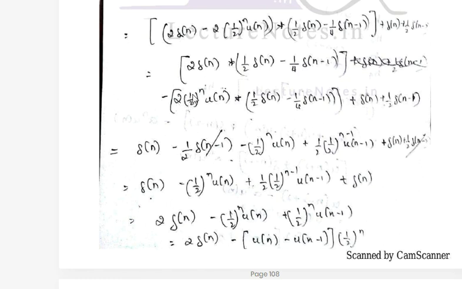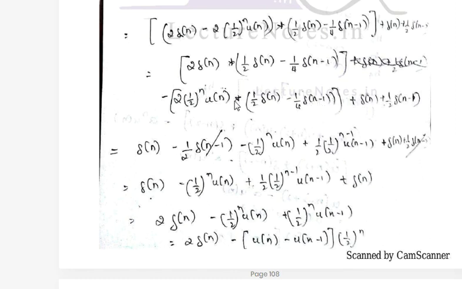And this 2 times 1 by 2 raised to n u of n convoluted with this is nothing but, again this 2 cancels, it is 1 by 2 raised to n u of n itself, and this 1 by 4 will become 1 by 2 times half raised to n minus 1, because this 1 by 2 will remain. So it's 1 by 2, and del of n minus 1 is there.